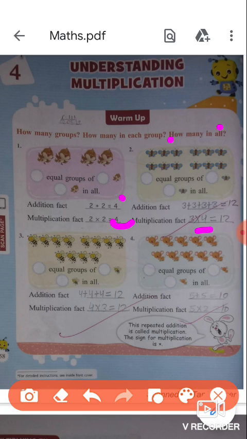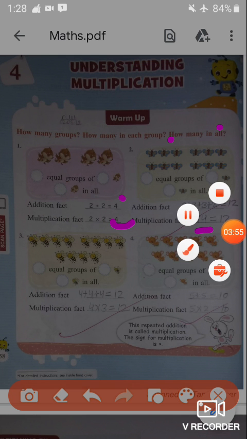So students, similarly, in the third one, there are 3 equal groups of 4 honeybees. That means the total number of honeybees is 12.